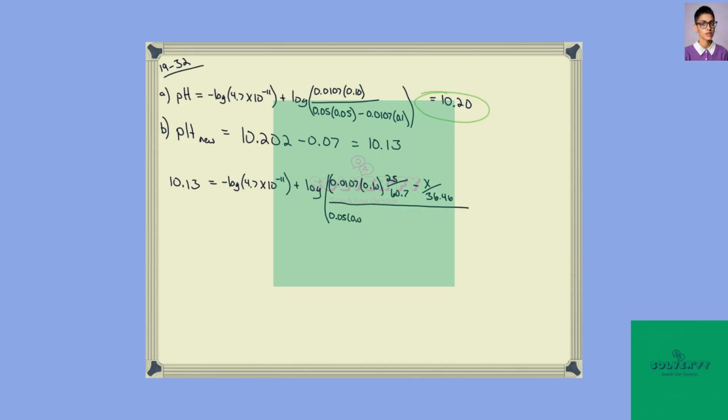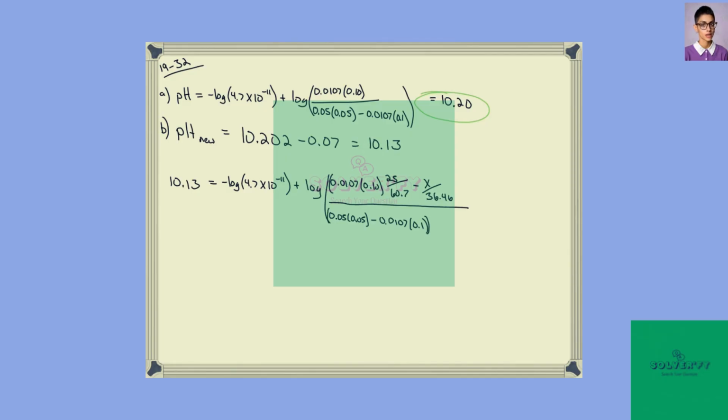Then in the denominator, we will have moles of the acid. We are starting with 50 milliliters at 0.05 molar, so that's how many moles of the acid we had before adding the NaOH. When we added the NaOH, it decreased by 0.0107 times 0.1, as we established up here.